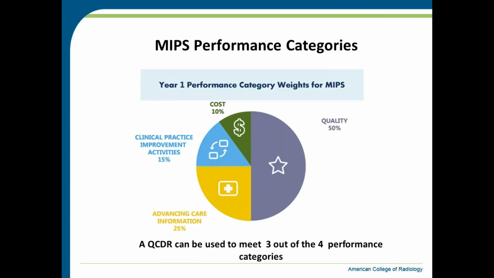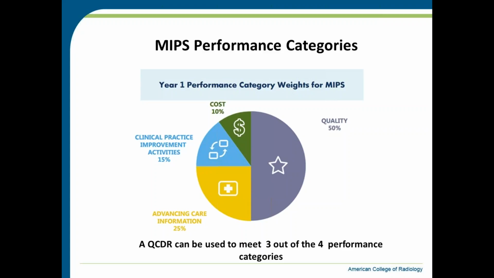Just a little bit more on the MIPS performance category. Like I said, it takes 3 of our existing quality programs and rolls them up into these 4 categories. The categories are quality, cost, clinical practice improvement activities, which is a new area, and then advancing care information.